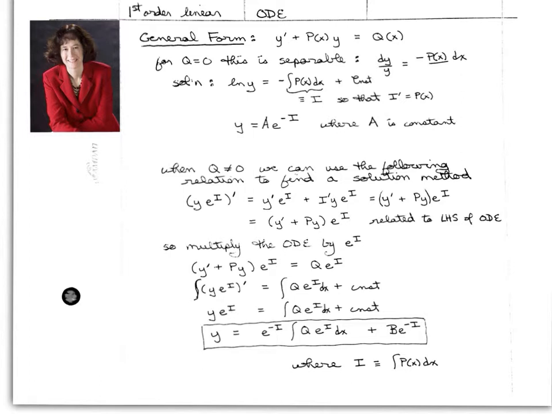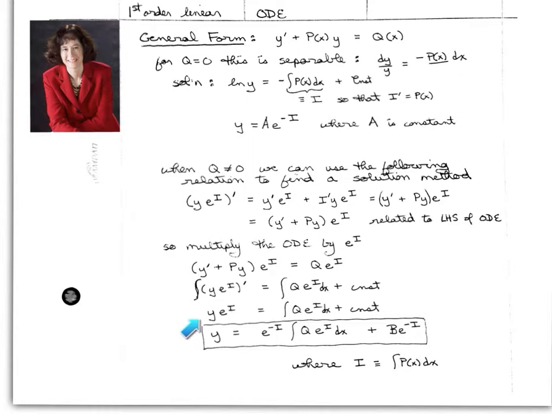So if we multiplied the differential equation we're interested in by the factor e to the I, then we have something that looks like this. e to the I multiplied by y prime plus py is equal to q multiplied by e to the I. And if we want to try integrating both sides, being optimistic, we remind ourselves that, oh yes, this left-hand side is now a total derivative.